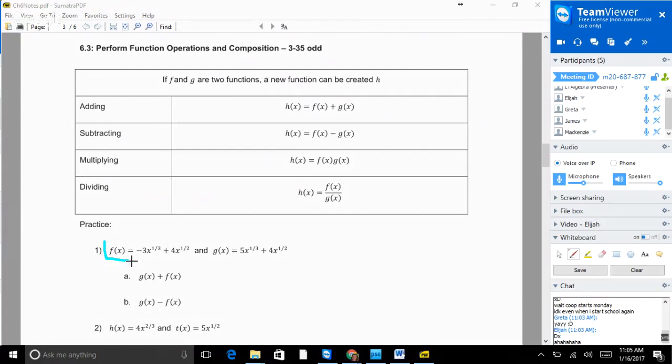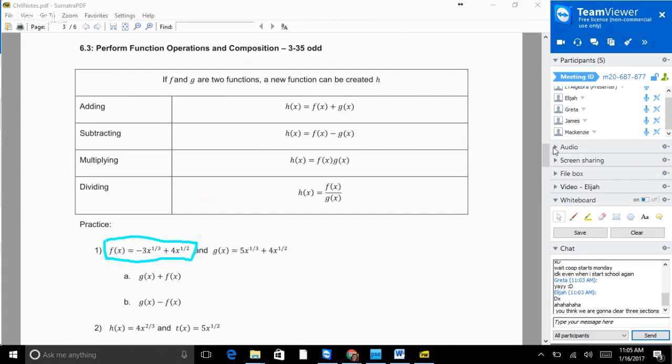So here would be a particular function: f of x equals negative 3x to the 1/3 power plus 4x to the 1/2 power. That would be an example of a function. When I'm practically doing something with a function, I treat f of x like y. And we can evaluate these functions.